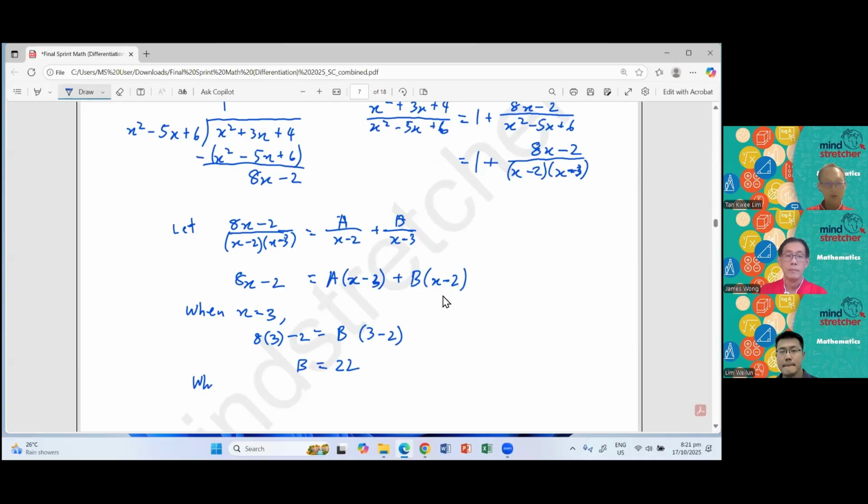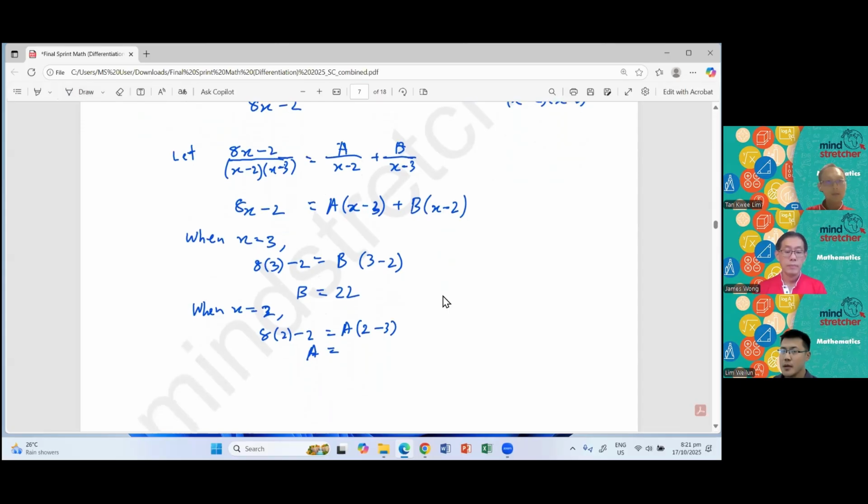And when x equals 2, then that will be 8 times 2 minus 2 equals A times 2 minus 3. Let me shift up slightly. So A will then be negative 14.